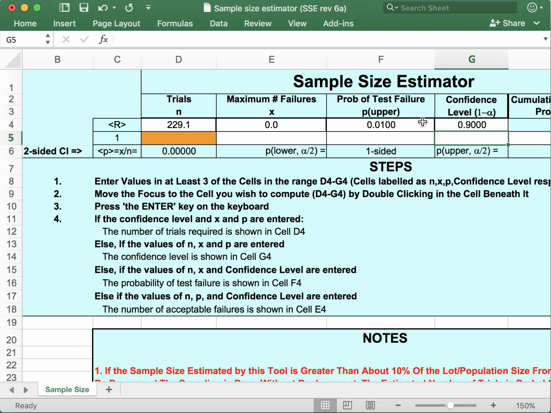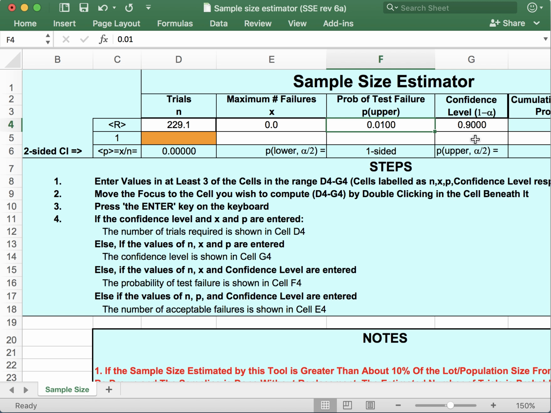In this case, our probability of failure is 0.01, which represents a reliability of 99%, right? So just note that it's a probability of failure, not the reliability. That's why the value is really small, okay?